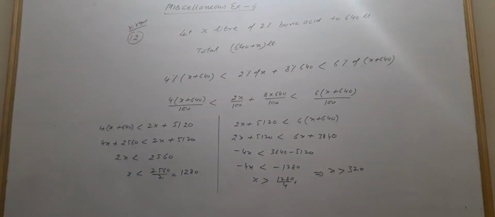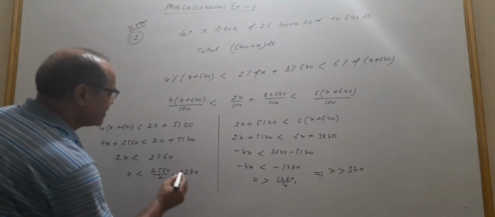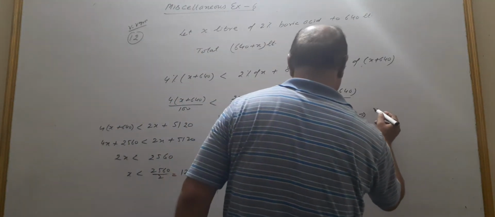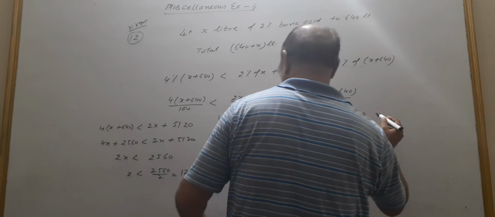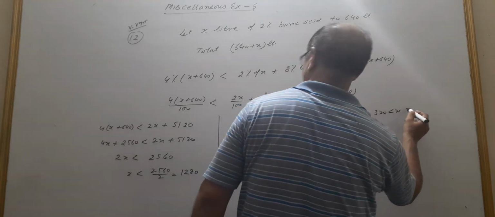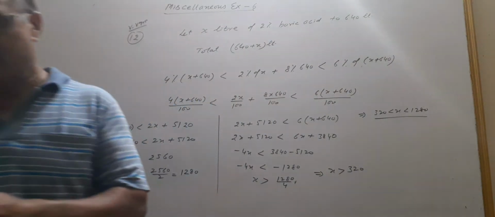So x is greater than 320. That means the solution lies between: 320 is less than x is less than 1280. So this is the value of the mixture.